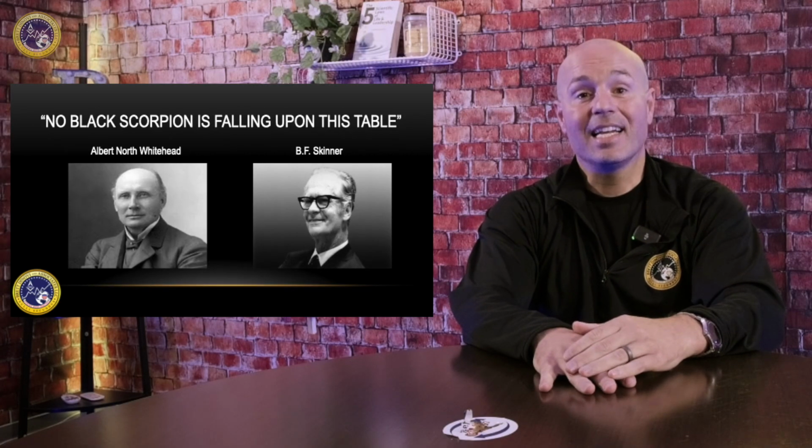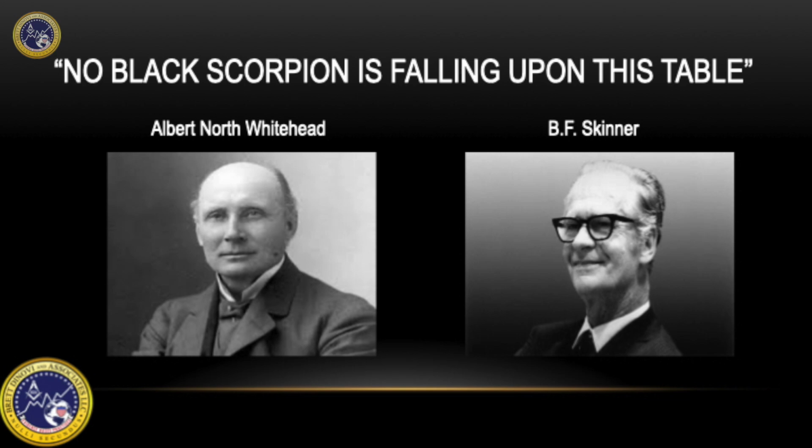However, it cannot explain verbal behavior." He posed this question to Skinner and said, "For example, you can't tell me why I'm saying no black scorpion is falling upon this table." So the lore goes, that was 1937. Skinner that night started his 20-year quest to explain why that happened, and that's where verbal behavior came from.